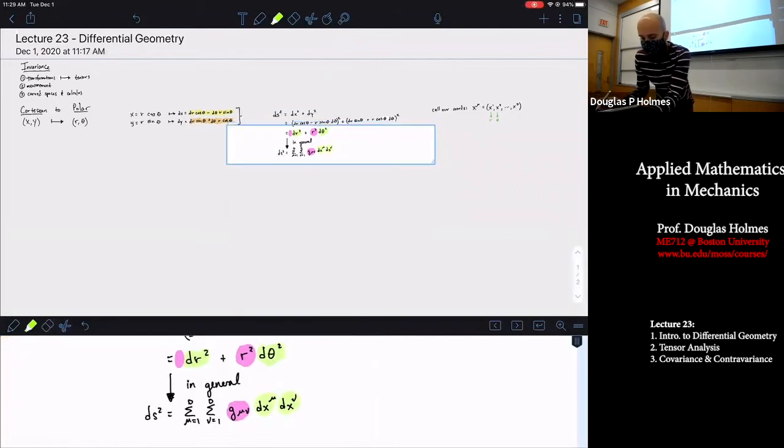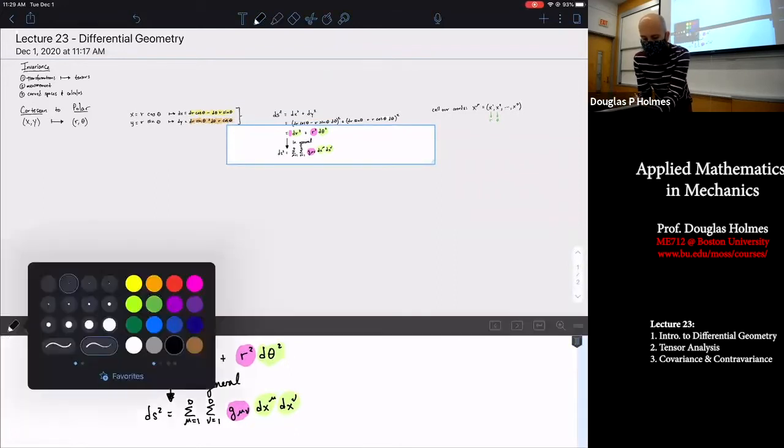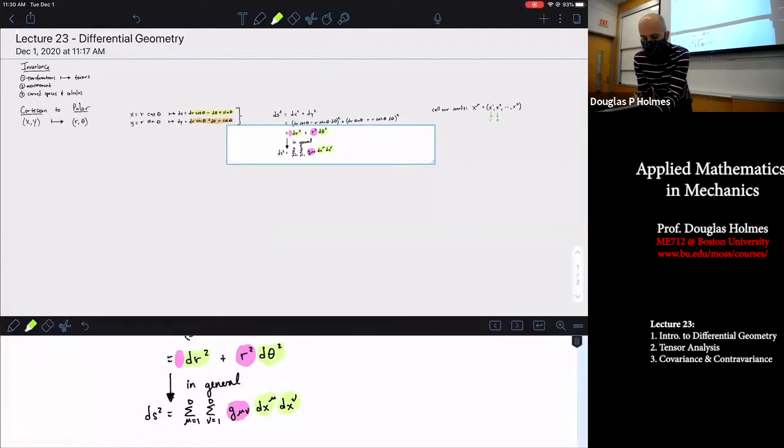Now you'll notice that the thing on the left-hand side, it's the length of a line. This quantity is invariant. This quantity also has no superscripts or subscripts.